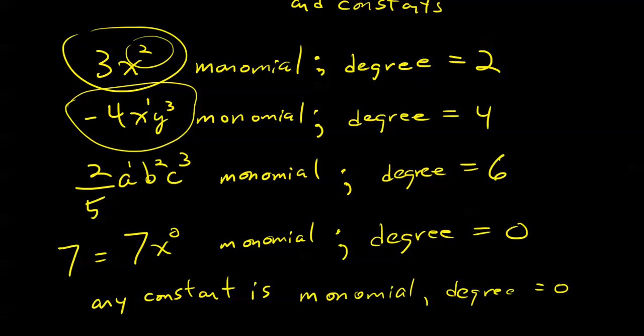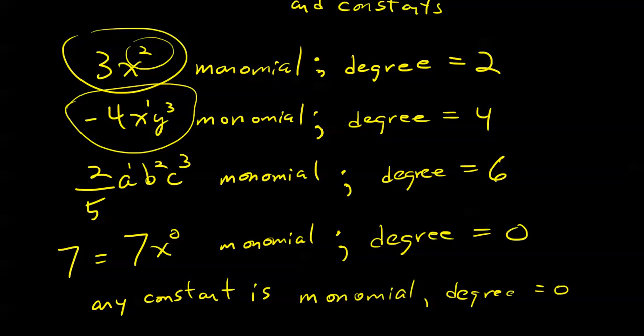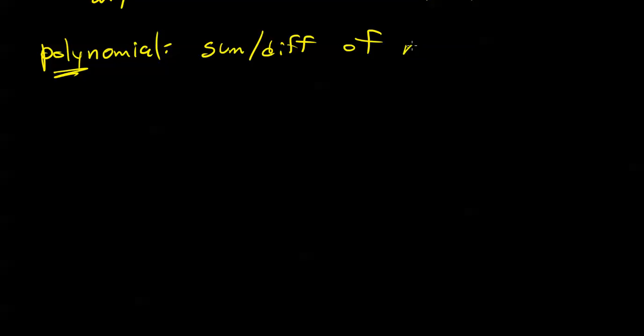Alright, so we've defined what monomials are and how to characterize their degree. Now I'm ready to define what a polynomial is. Now again, poly means many. A polynomial is nothing more than a sum or a difference of monomials.